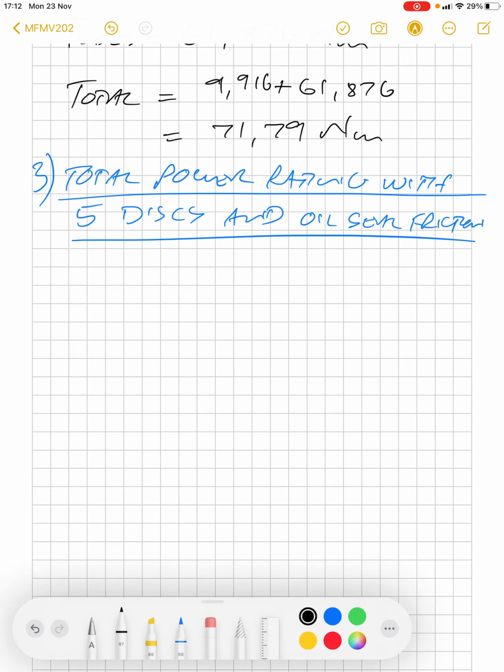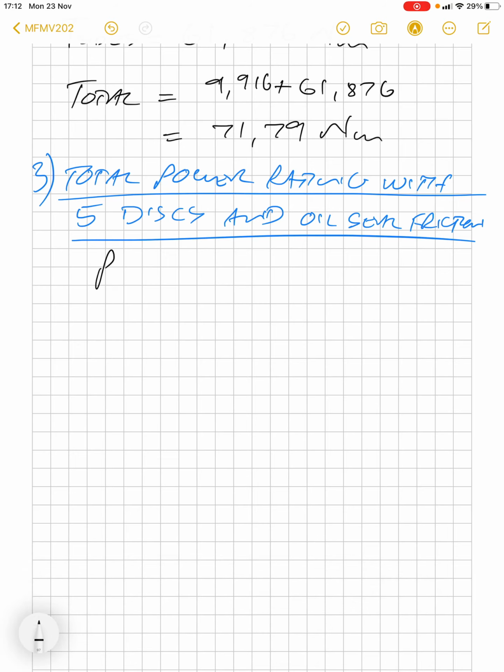Right. So your power is the torque times omega, which is your angular velocity.